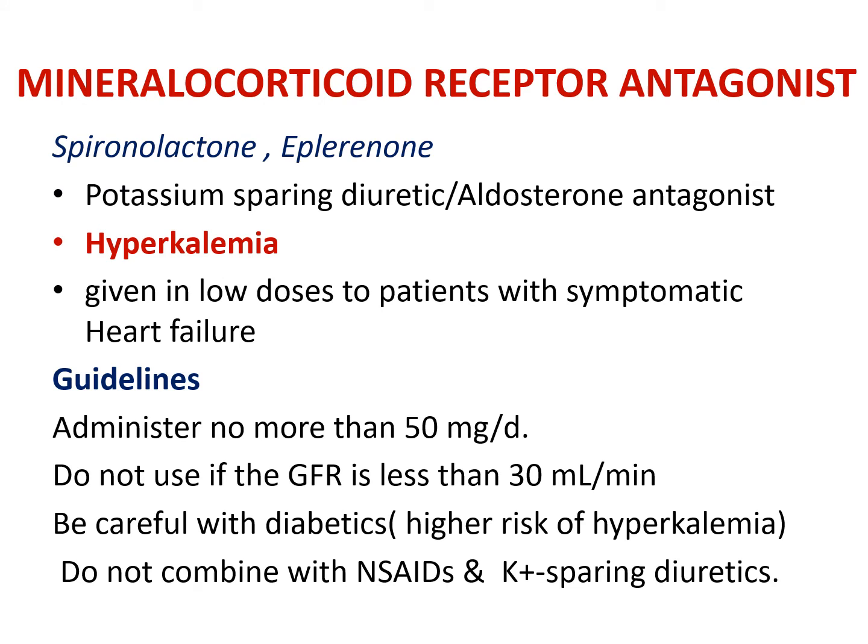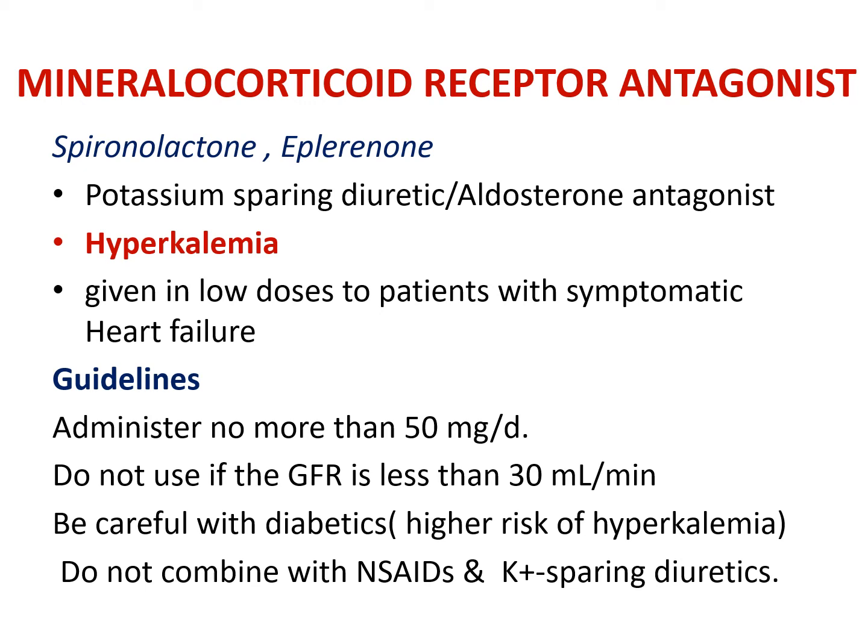The next group of drugs, mineralocorticoid receptor antagonists. You have spironolactone and eplerenone. These are potassium sparing diuretics. They also act as aldosterone antagonists. They cause hyperkalemia, and are given in very low doses only in symptomatic heart failure.